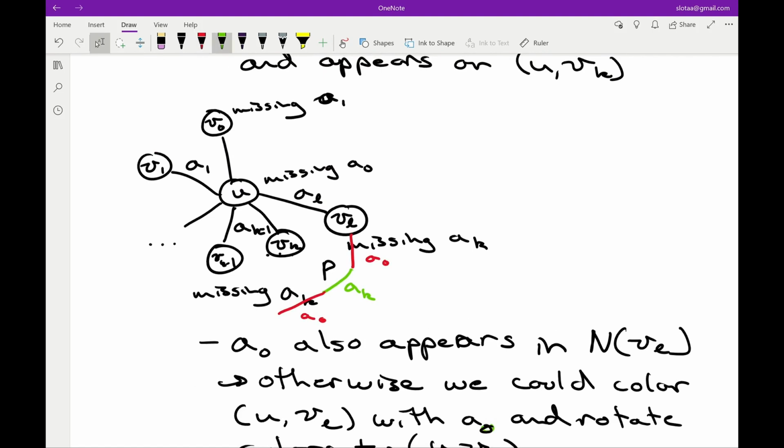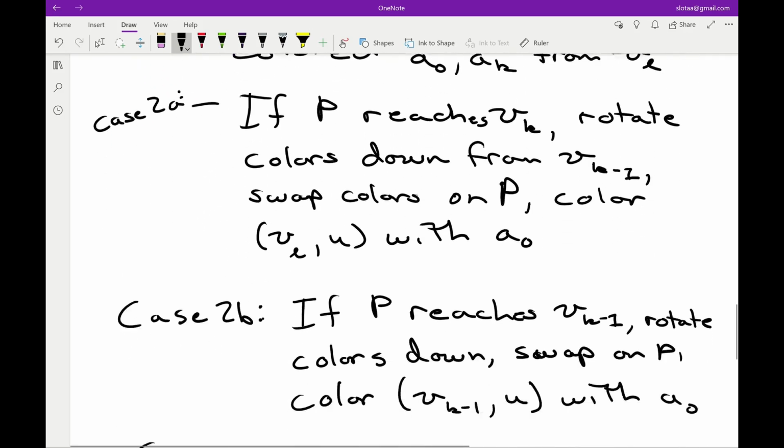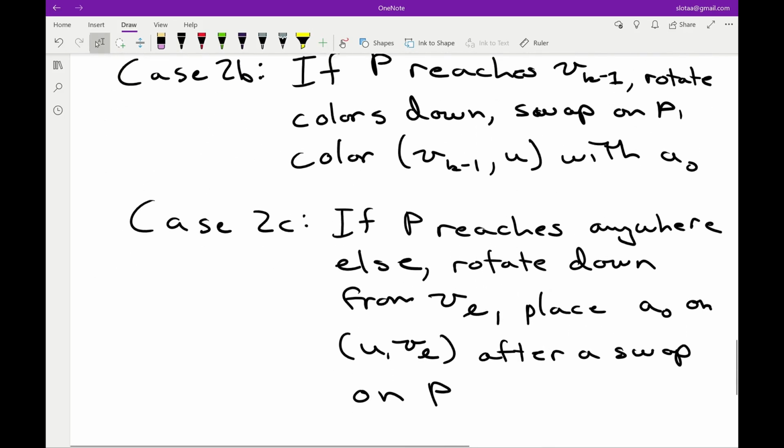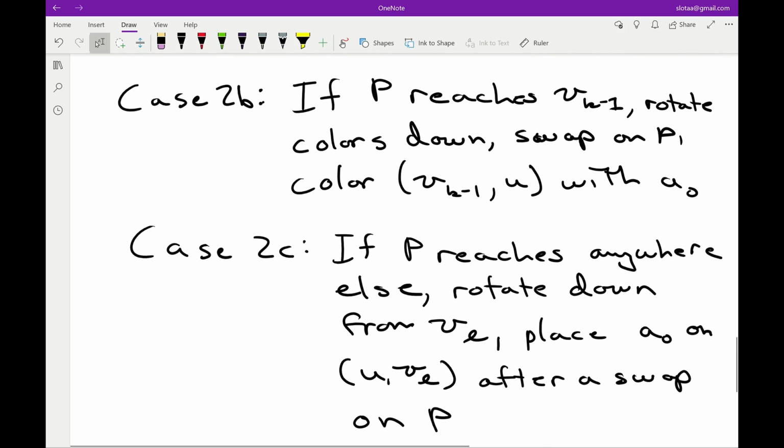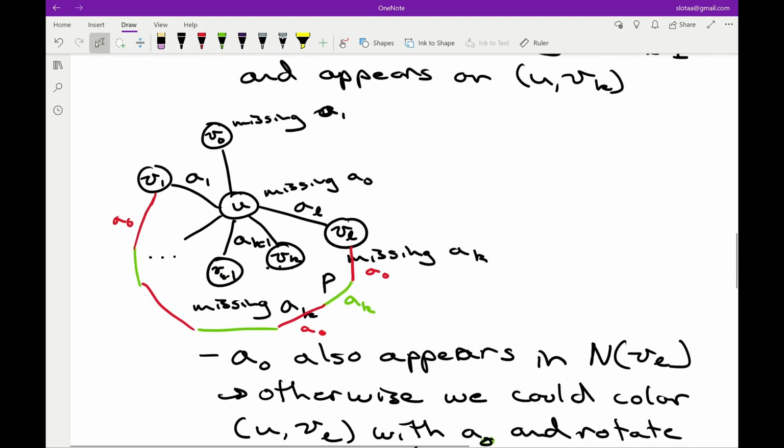So it could either just end somewhere else in the graph, or it could end, without loss of generality, at vertex V1 with this A naught, doesn't matter. Essentially, we just rotate down from our A sub L and do our standard swap approach. Place A naught on our U V sub L and then do a swap.